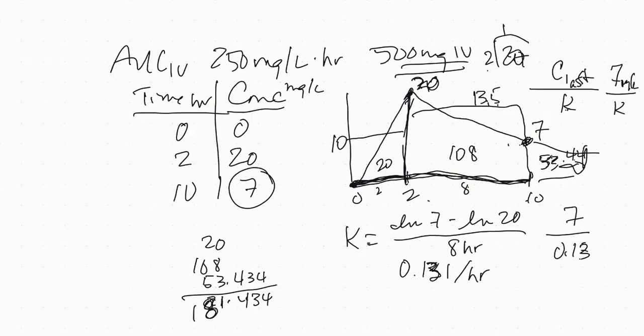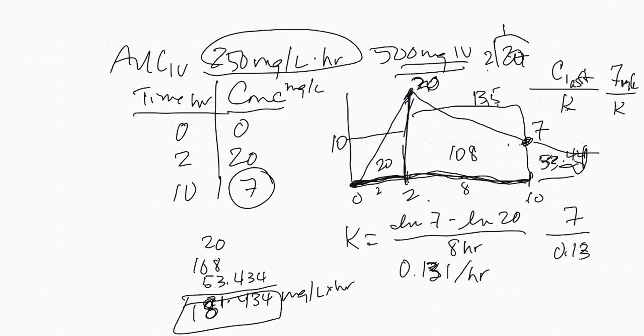Oh, for the bioavailability? Yeah, that's the area under the curve, milligrams per liter times hours. What did you get? 181.434 divided by 250. 7.73? Hmm.